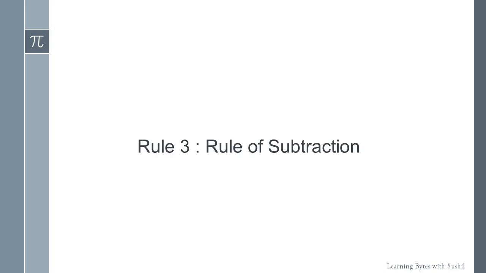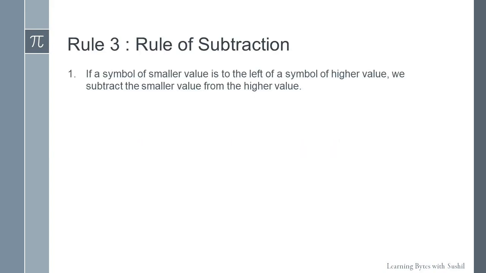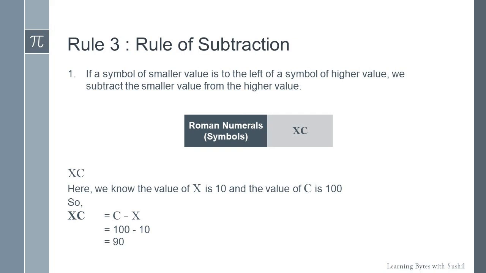Now the third rule, the rule of subtraction. In the rule of addition, the smaller symbol was towards the right. Now in the rule of subtraction, if a symbol of smaller value is to the left of a symbol of higher value, we subtract the smaller value from the higher value. Let's understand this with a Roman number.